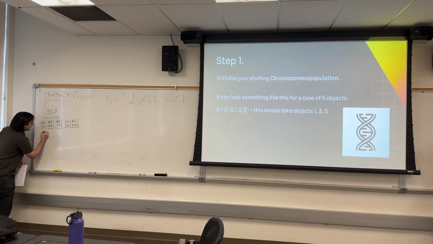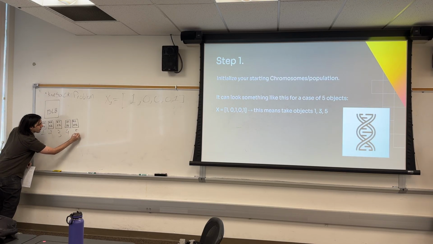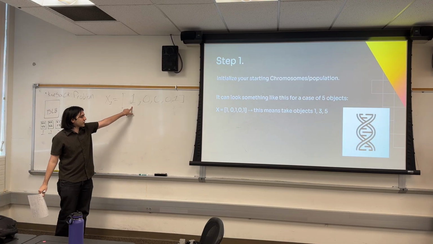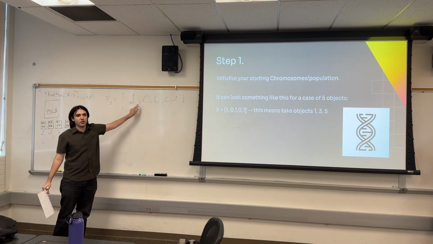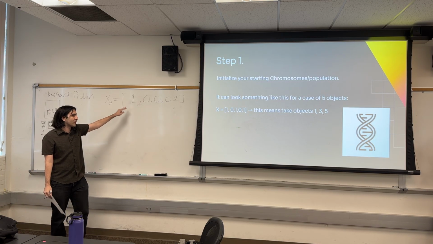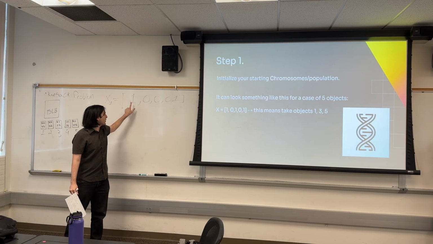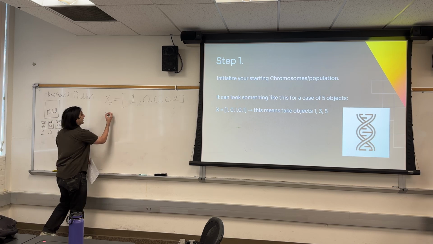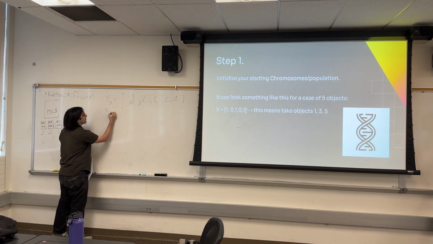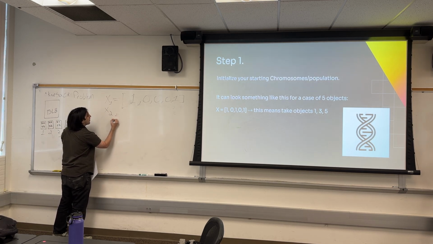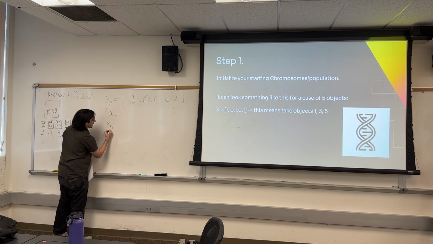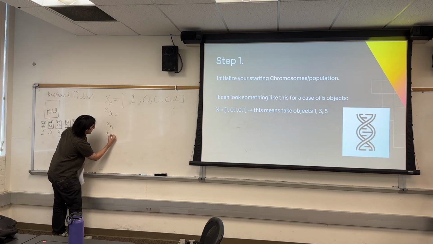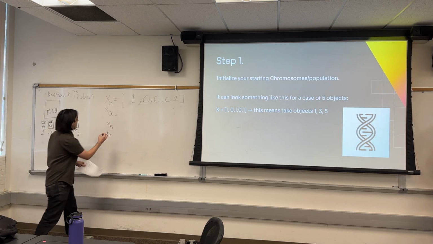Can I number these? 2, 3, 4, 5. 1 means we took the first. 0 means we didn't take it. So 1 or 0, took it or not took it. That's our chromosome. We took the first one and we took the last one. So we're just going to define a sample population. I'm doing 4 for simplicity.